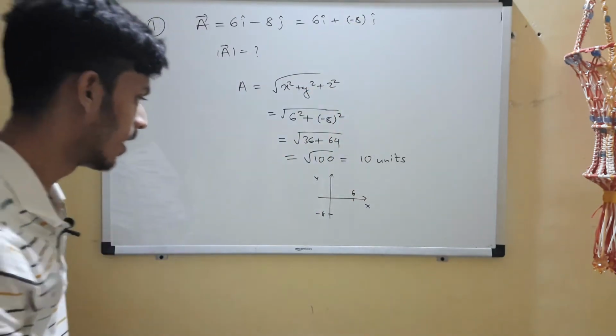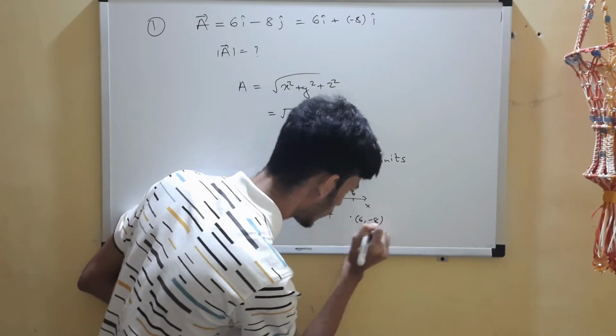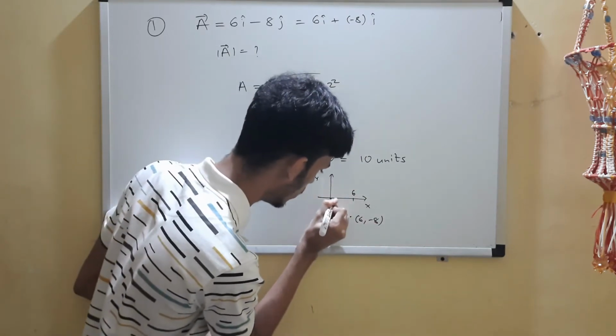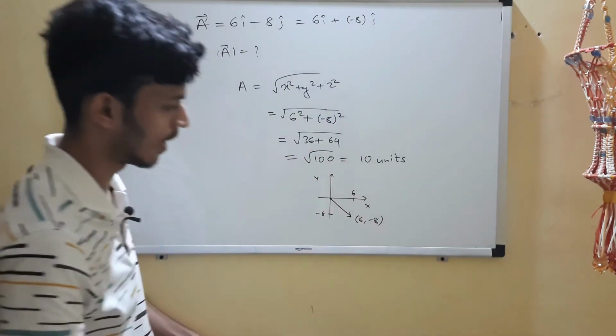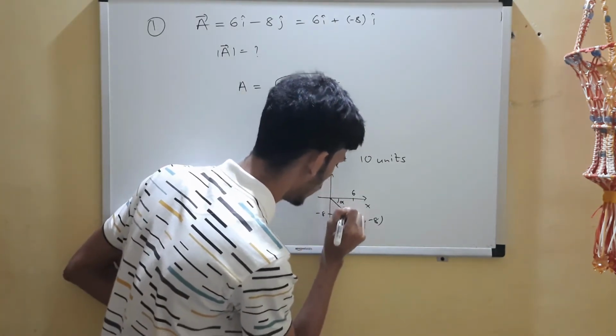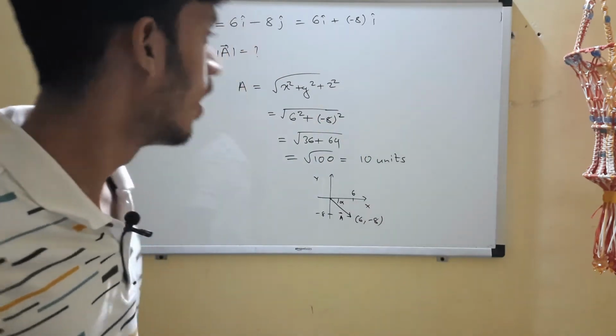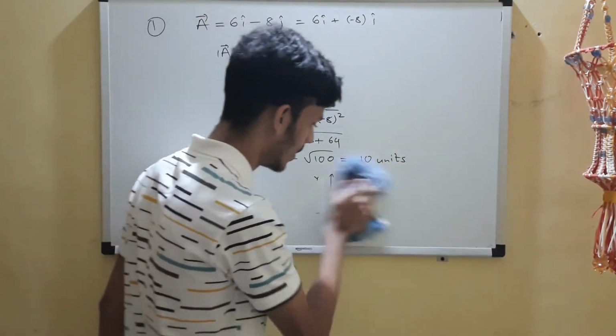So the point will be somewhere over here. We have to go from origin to this point. So this is the vector, that vector a bar. You can also find that alpha. Try finding alpha. Let's go to problem number 2 now.